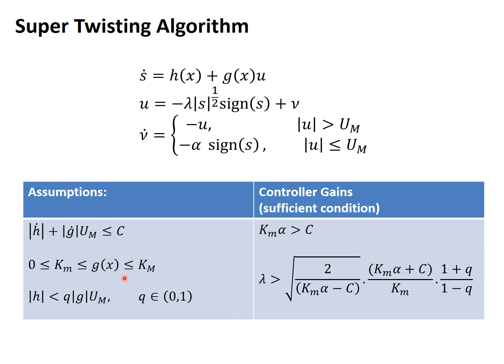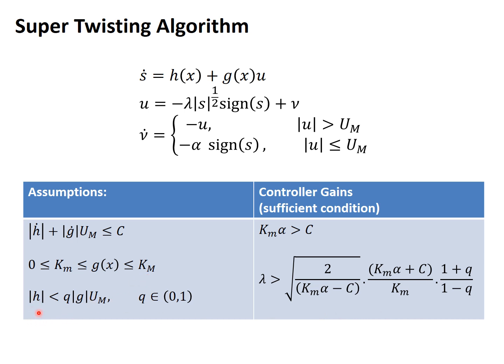Both k small m and k capital M are positive in nature. This is the more important number that we need to know. We need to know the lower limit of G(x), because you see in the controller gains only the k small m has come in, not the k capital M.